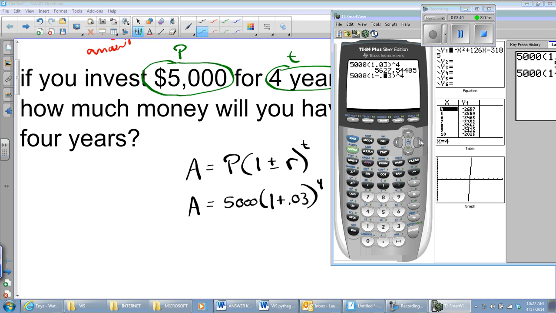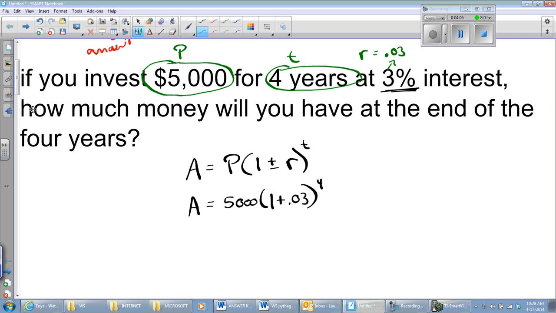I want to do 2%, right? For 4 years. So now I could have typed 0.98, but I could also type it that way. And when I do that, there. So if I'd been losing money for the past 4 years, I'd be down to $4,611 and about 84 cents. By the way, it's money, so when we're rounding, we should always be rounding to the nearest hundredth, right? Just because of the context.